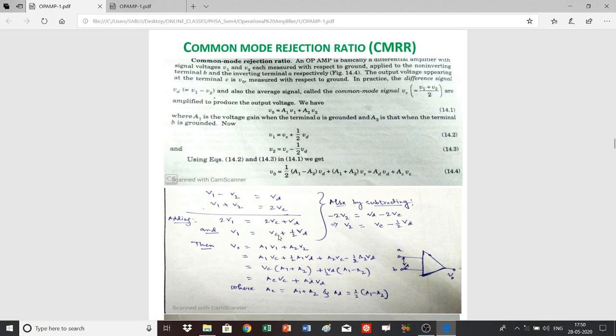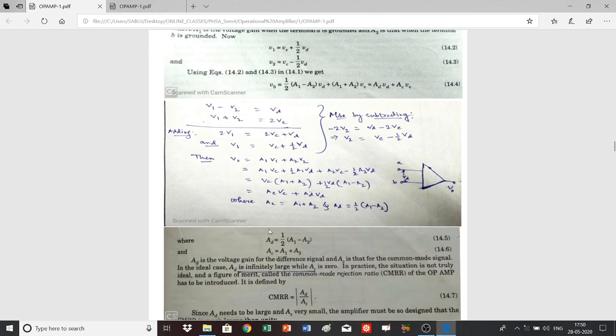You also calculated that V1 is equal to Vc plus half Vd, and V2 is equal to Vc minus half Vd.